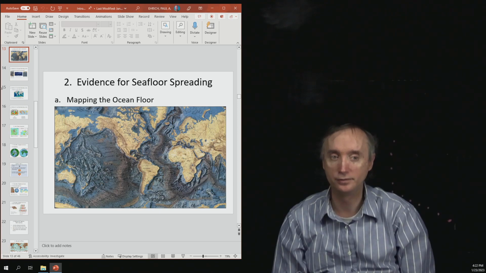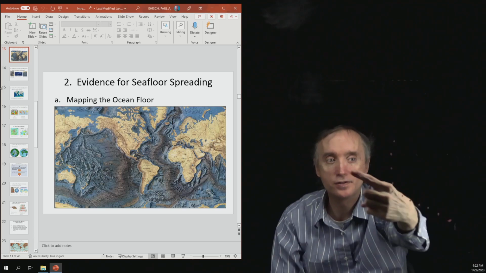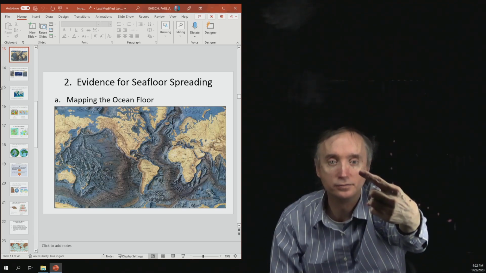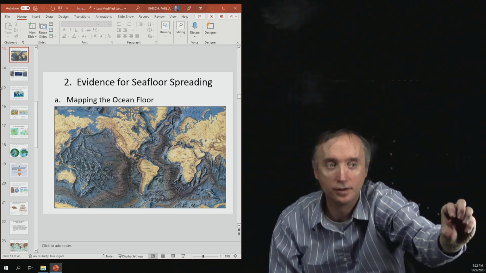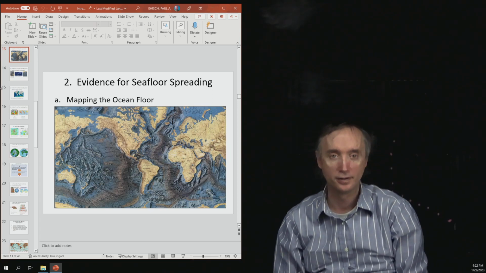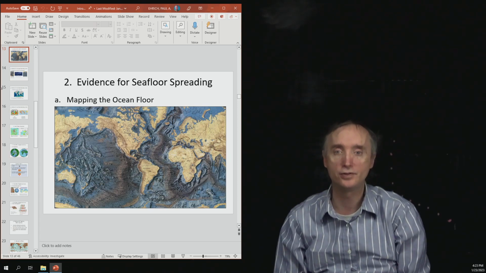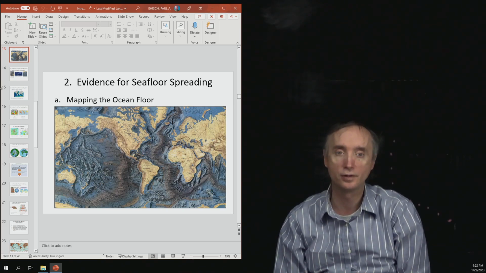So currently, the Pacific Plate's going in this direction, and it has formed these islands. So in the past, it must have gone this way. So it's an indicator of the change in direction of the Pacific Plate millions of years ago.